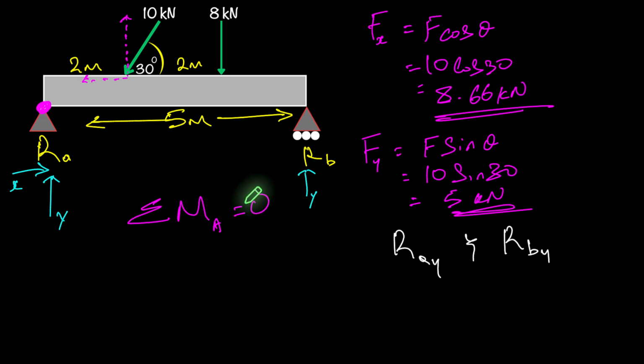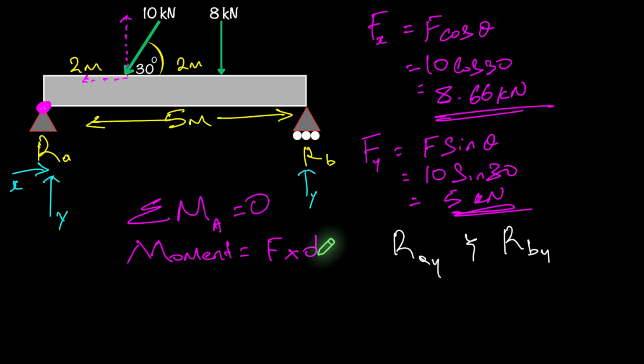The reason I've selected point A as well is because it does two things. It actually eliminates the reactions RAY and RAX, because those reactions act through that point, so it would be equal to 0 if you were to do the calculation, because the formula for moment is force multiplied by perpendicular distance.